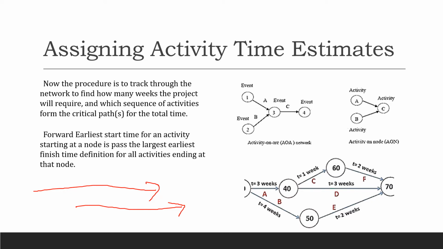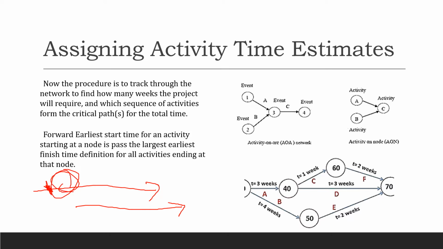Going forward, the earliest start time for an activity starting at the node is the largest earliest finish time for all of the activities ending at that node. So here you have one node.